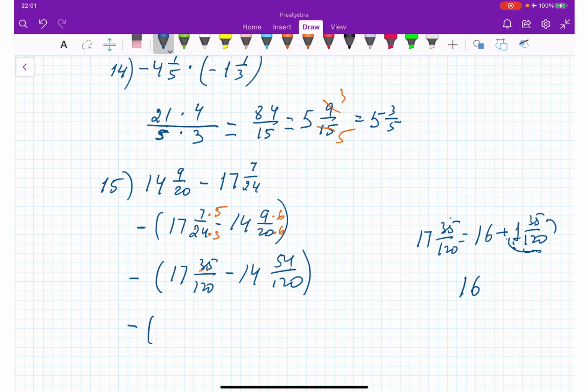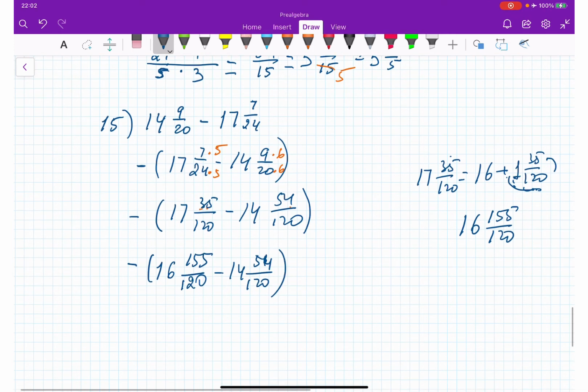So we get 16 and 155 over 120 minus 14 and 54 over 120. Now it's a different story because 155 is greater than 54. So what do we get? 16 minus 14 is going to be 2.